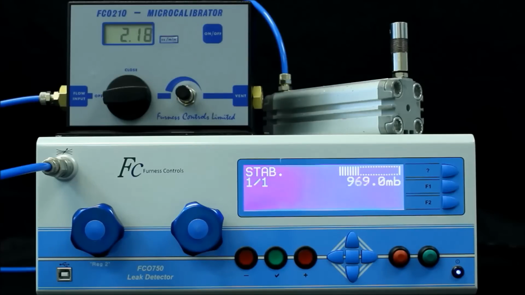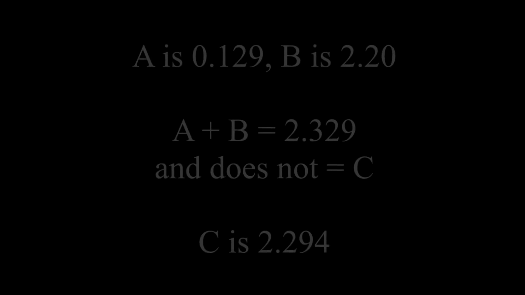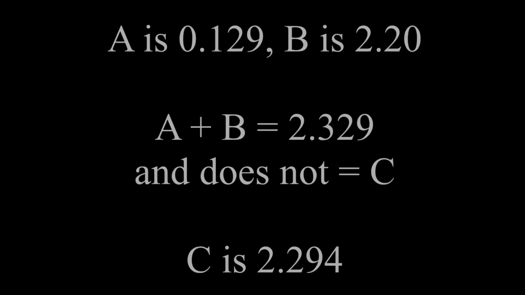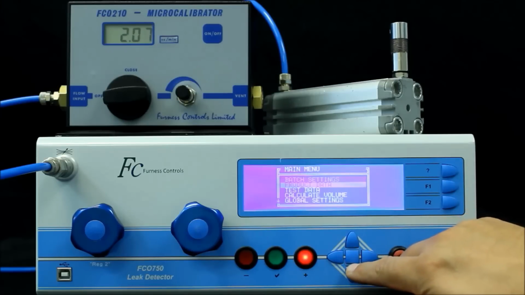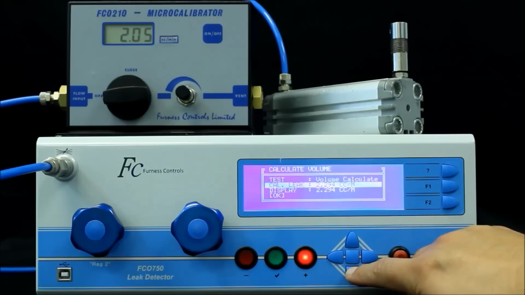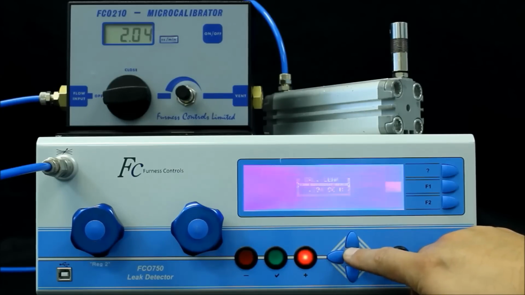So now what I'm hoping to see is a value C at the end of this test of 2.33, let's say. Not quite, but very, very close. I might accept this or might not. Go back to the main menu and I will go to calculate volume, and I will put in the result that I expected to see in cal leak.